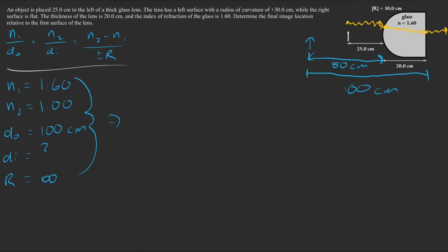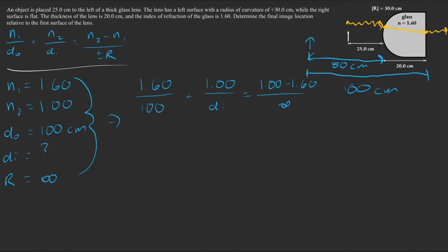So now let's write our equation out. We get 1.60 over 100 plus 1 over dI, and that equals 1 minus 1.6 over infinity. What this means is, anything divided by infinity, we take that to be 0.